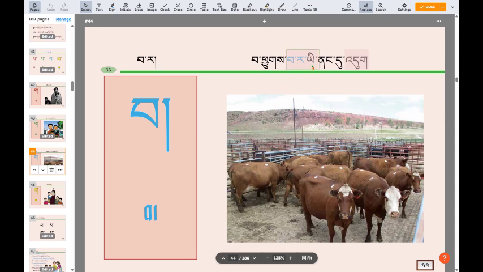Pachuk, para yi nangdu, duk. So the cows are inside or within the cowshed. The cows are within the cowshed, or the cows are inside of the cowshed.